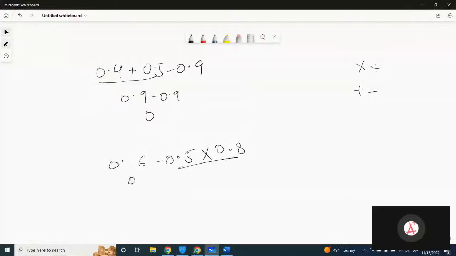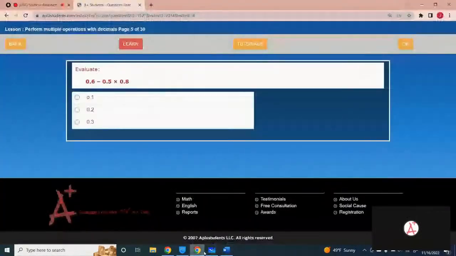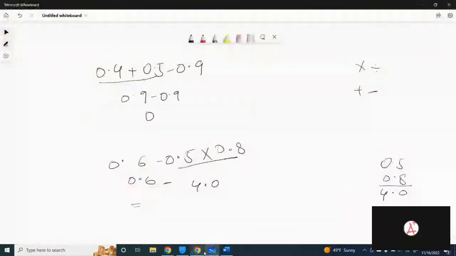First do multiplication. Just multiply 0.5 times 0.8. So 8 times 5 is 40. It would be 4.0. Got it? So 0.6 subtract 4.0. So it would be, the correct option is, wait, let me just do 0.8 times 0.5. It is 0.4, not 4.0.